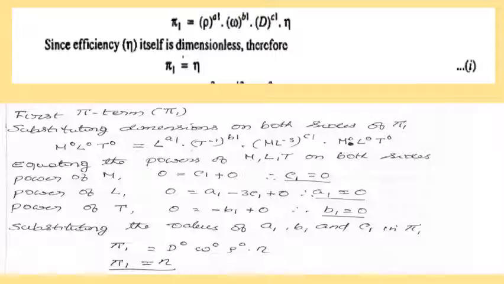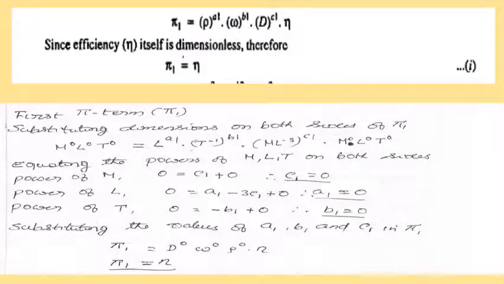Already we know that there is no unit for the efficiency. We can straight away take pi 1 as equal to efficiency. In case otherwise, one more approach is given here to find the pi 1 term, which is equal to efficiency.